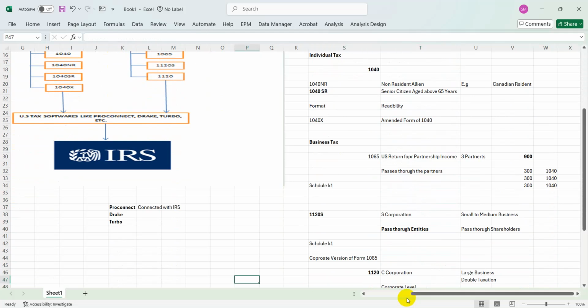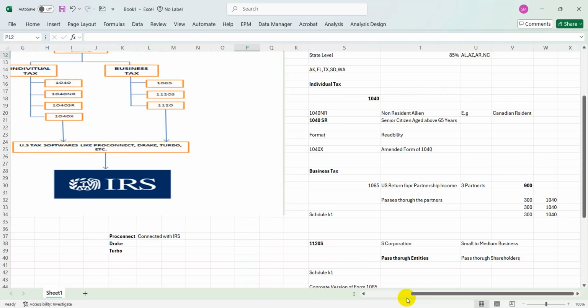For example, there is 1099, 1099-NR, 1099 miscellaneous is another form. There is W2, W8, depreciation form. There are hundreds of different forms which are part of the US tax structure.